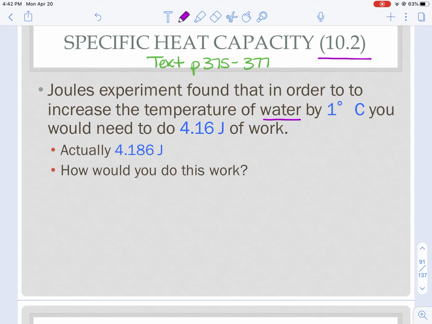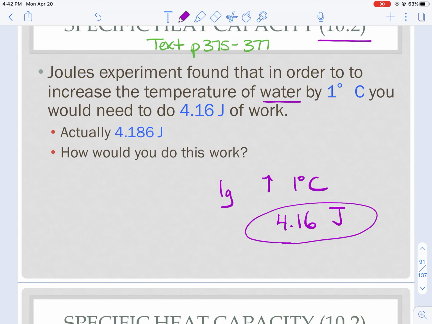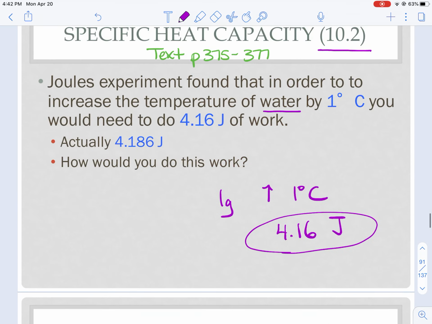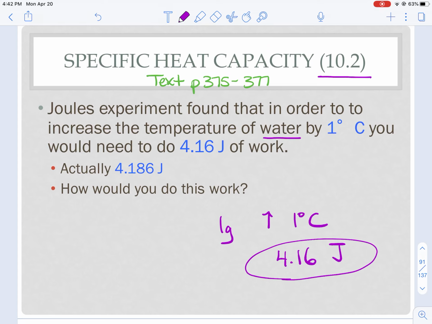What was determined by Joule is that to take 1 gram of water and increase it by 1 degree Celsius, you would need 4.16 joules of work done in order to do that.